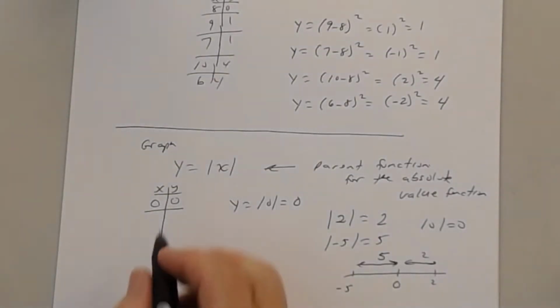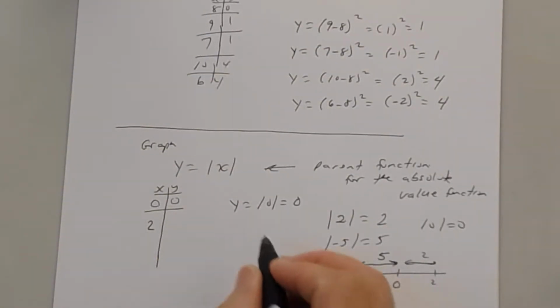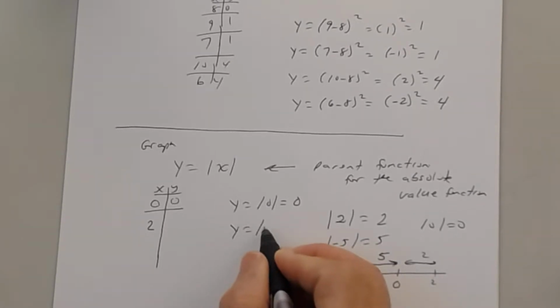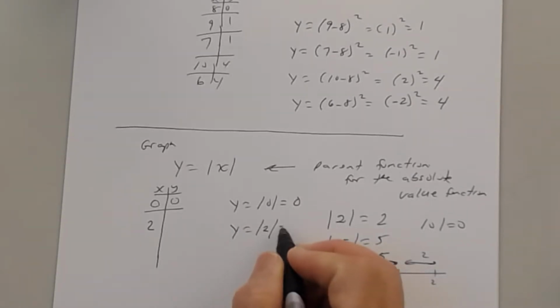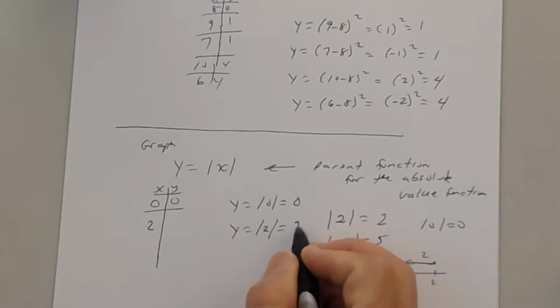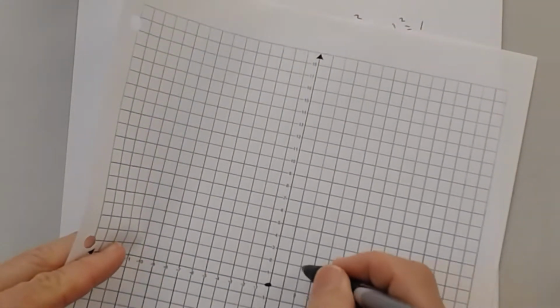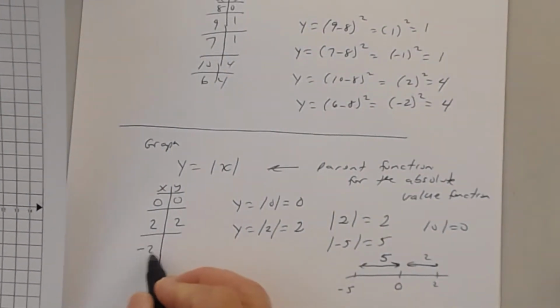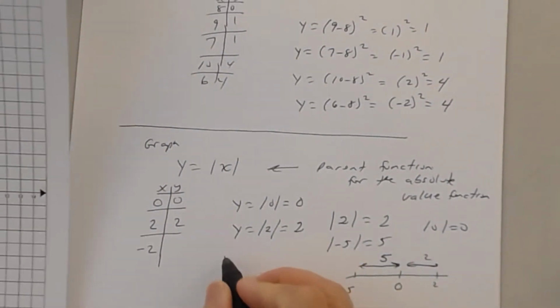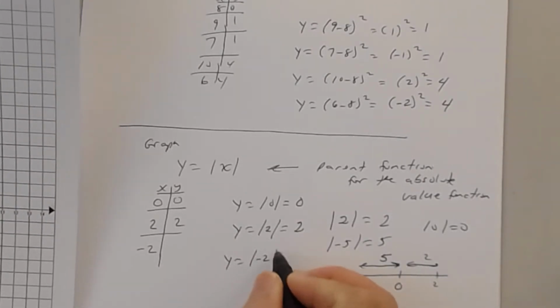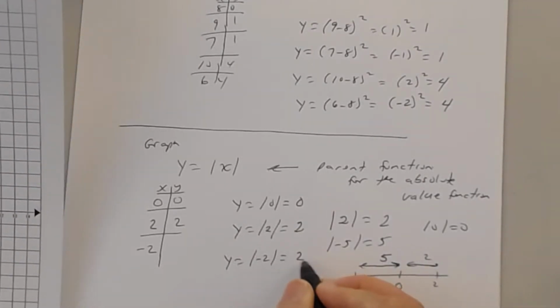If x is, let's say, 2, I get y equals the absolute value of 2. And what's the absolute value of 2? 2. So I plot the point 2, 2. If x is, let's say, negative 2, I get y equals the absolute value of negative 2, which is 2.